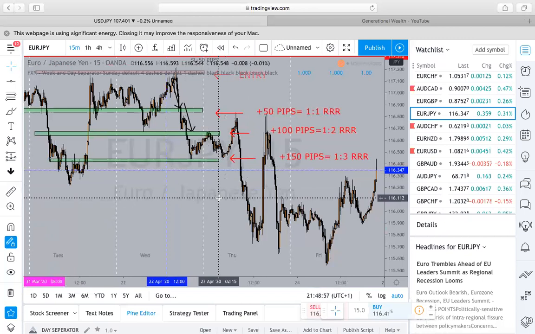Another thing about knowing the risk to reward ratio is your strategy. If you are trading with a certain strategy, or if you have developed a certain strategy and your strategy contains a risk to reward ratio of 1-to-1, then say you're going to risk 20 pips, gain 20 pips, or whatever the case is, you have to make sure that your strategy is good.